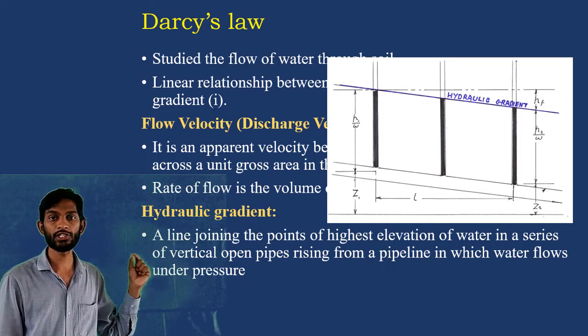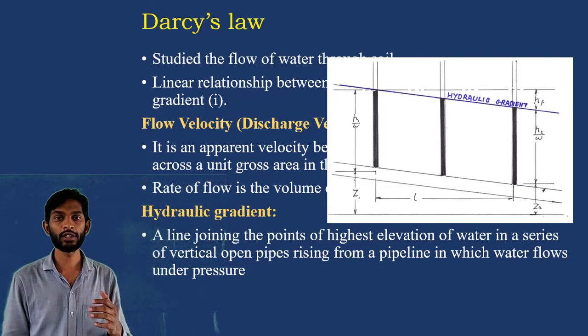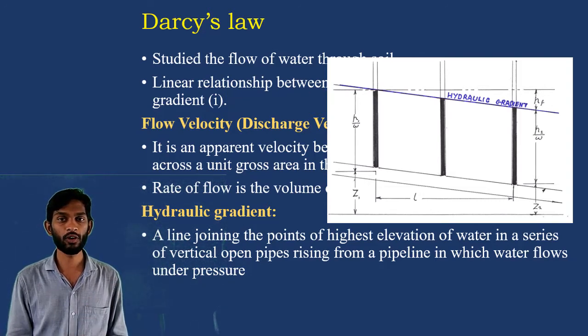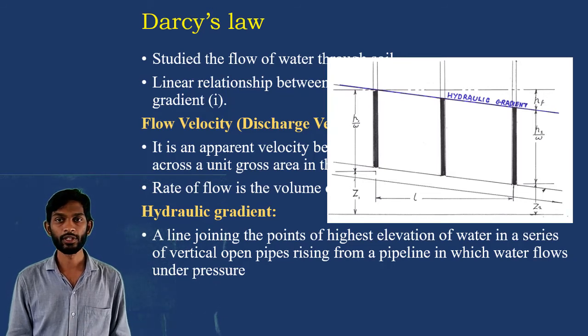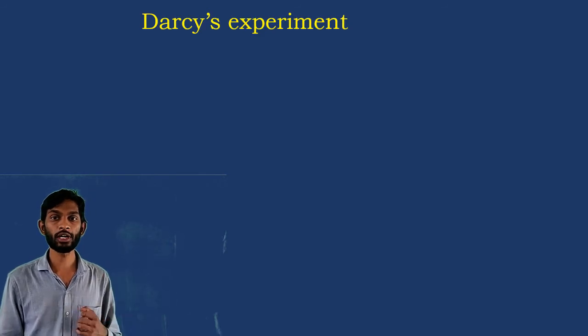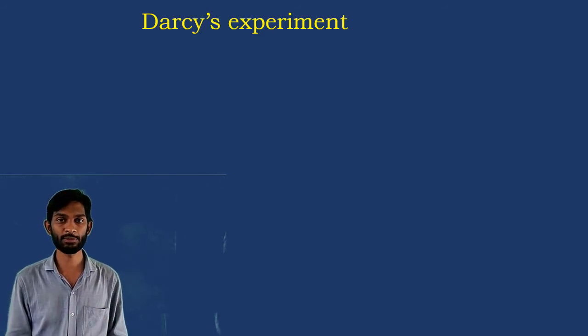That line joining the highest possible points in all the piezometers is called the hydraulic gradient line, and this hydraulic gradient is denoted with small i, which is h by L.